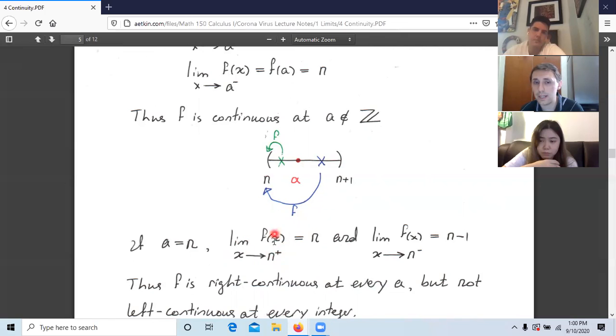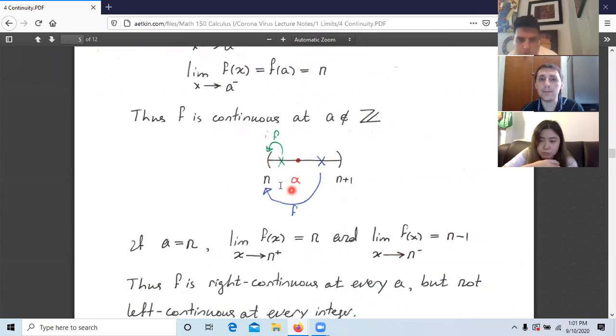Because the limit from the right gives you the same thing as plugging in the value, whether integer or not. If it's an integer, it always works, and if it's not an integer, the function is continuous to begin with. But I see there is continuity from the right, because the limit as x goes to a number from the right is always that number. You understand how I reasoned? Because it's true for non-integers, and for an integer, clearly, if I move from the right, it's the same as if I plug in the number.